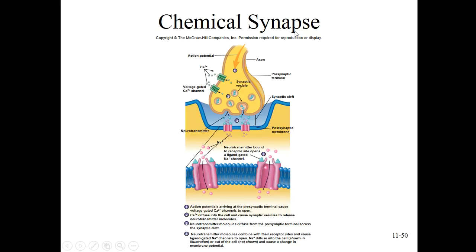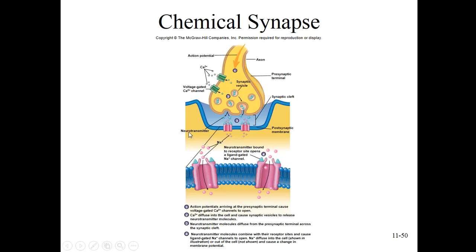And the word synapse refers to a connection. A chemical synapse is a connection between two cells where a chemical is released by one and detected by the other. And when it's detected, it causes a change in the second cell. In this case, the chemicals that are released are called neurotransmitter.